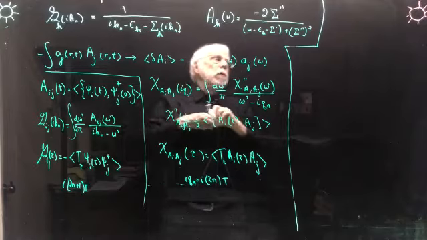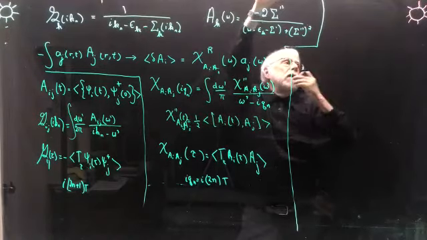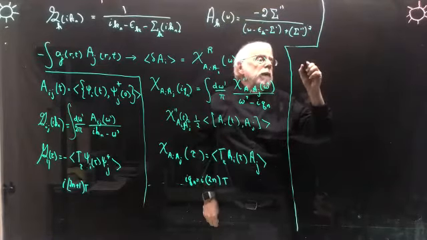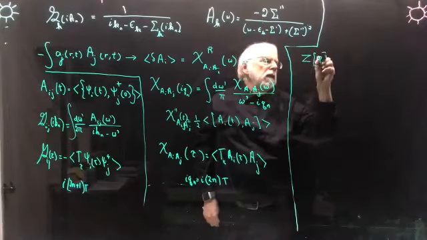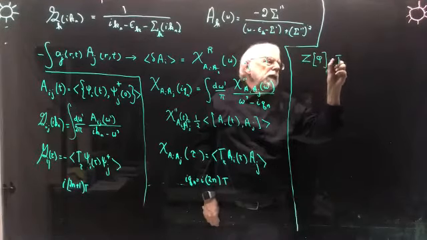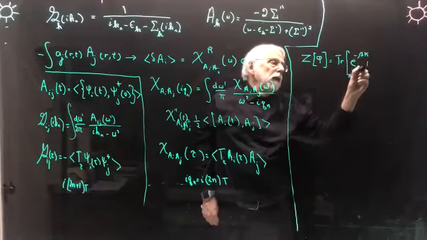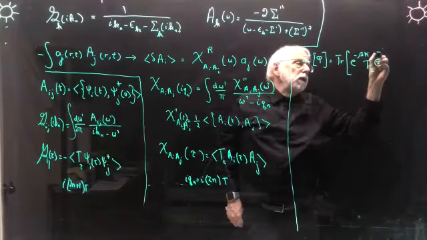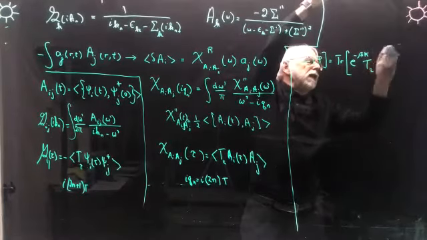Okay, so now we need to compute these quantities. The way we developed the perturbation theory is by using a generating functional formalism. So we said Z of phi is equal to the trace of e to the minus beta K times the time ordered product of e to the minus psi dagger 1 phi of 1, 2 psi of 2.